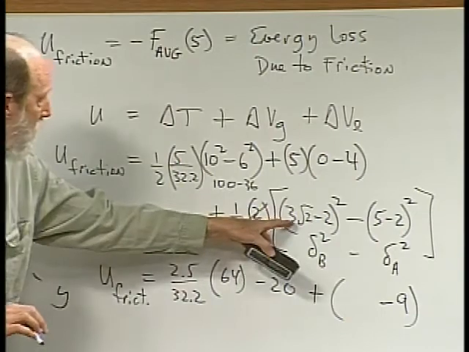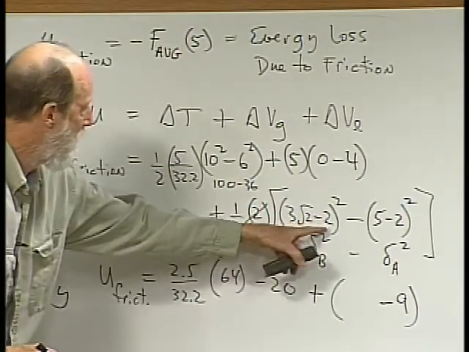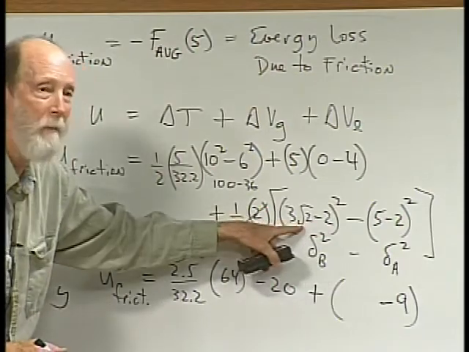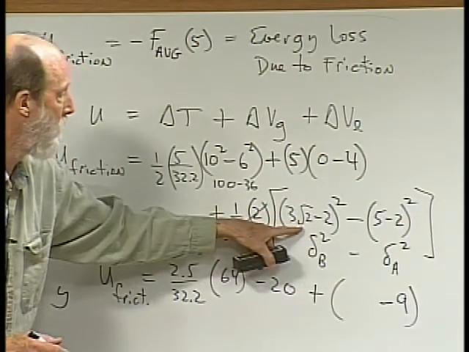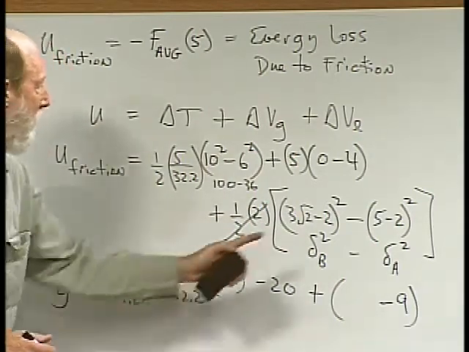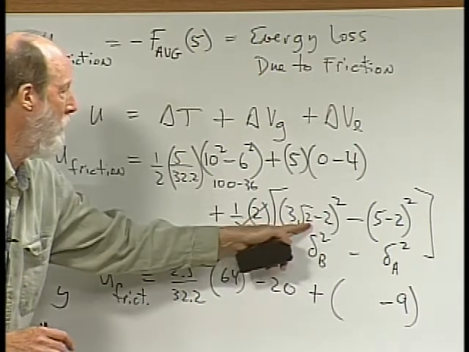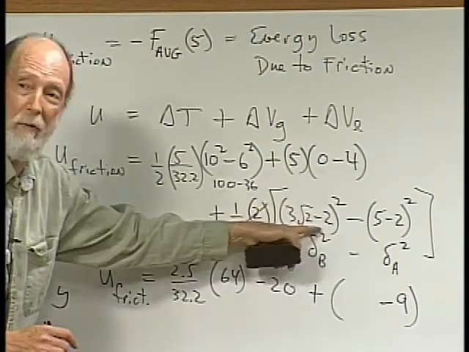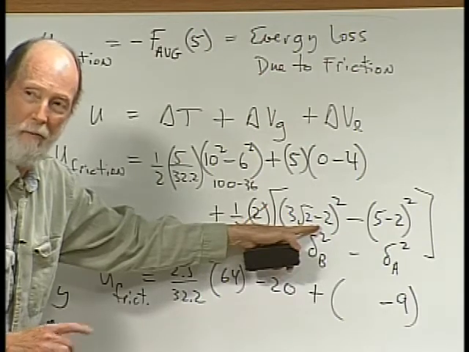What's this 3 rad 2 minus 2? 4 minus 2 times 2 times 3 root 2... no, I just want that value. That would be 2.24. After you squared or before? After squaring.